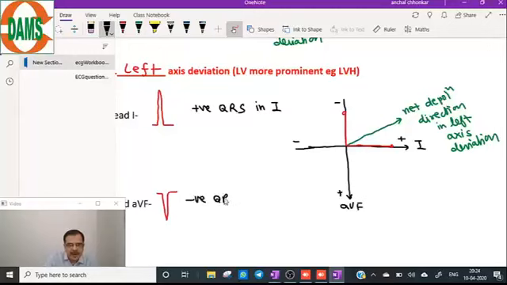Negative QRS in AVF. This is the only possibility where you will get a net depolarization in the left axis side. So it will be lead 1 positive and AVF should be negative.